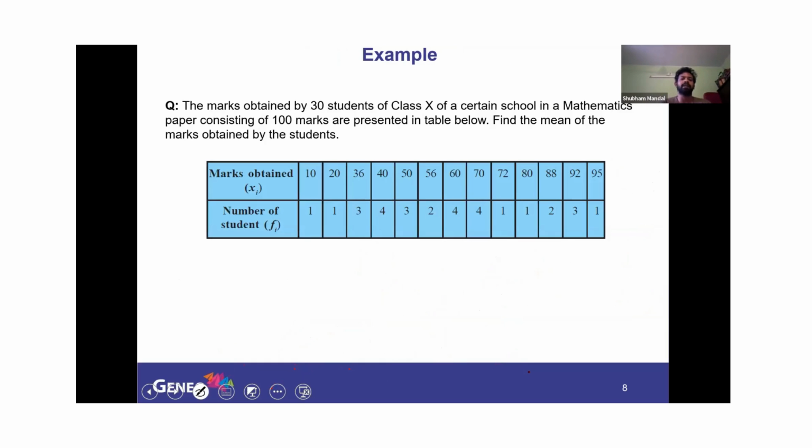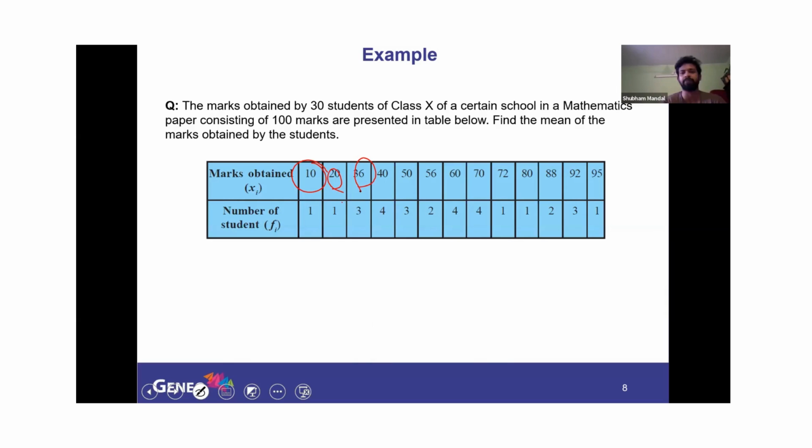So here is another example of mean of ungrouped data. Here we have marks obtained by 30 students of class 10 in a mathematics paper consisting of 100 marks. Now, how do I find the mean? Here I've given each mark. The number of students who have obtained 10 marks is 1, 20 marks is 1, 3 students have got 36 marks, 4 students have got 40 marks.